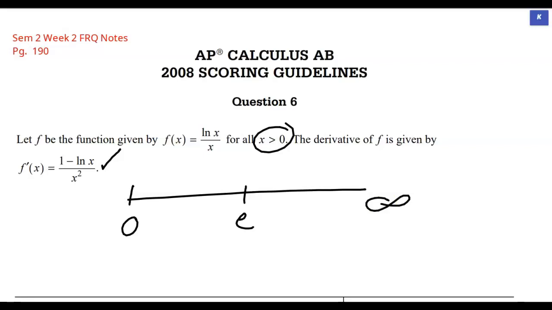Now, it's going to be helpful for you guys to, once again, have some more pre-calculus knowledge here. e is about 2.71. Okay, so if that's 2.71, then a good number to pick right before that would probably be 1. So we know we're going to pick that, and we're going to plug it in here. So we're going to find out what f prime of 1 is.